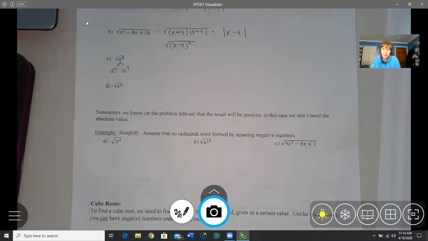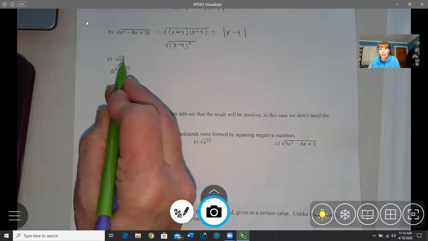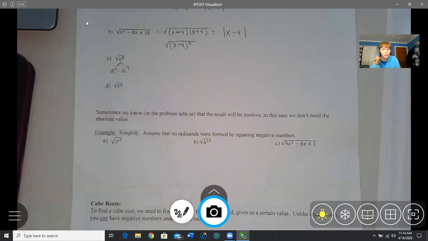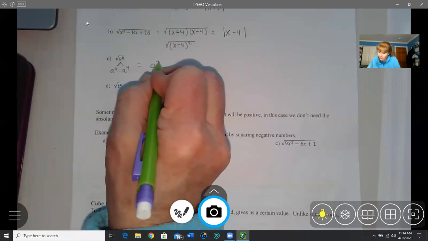Where did I come up with the 4? Just take your exponent divided by 2 for right now. The main thing to remember, though, is that a to the 4th times a to the 4th is a to the 8th. Again, you add exponents when you're multiplying. I have two of these inside of my square root, and so this is going to be a to the 4th.